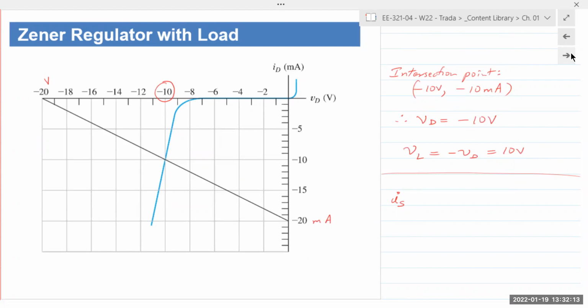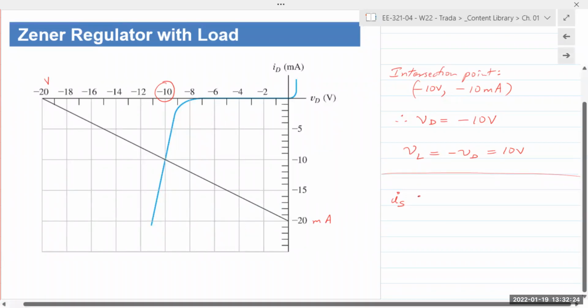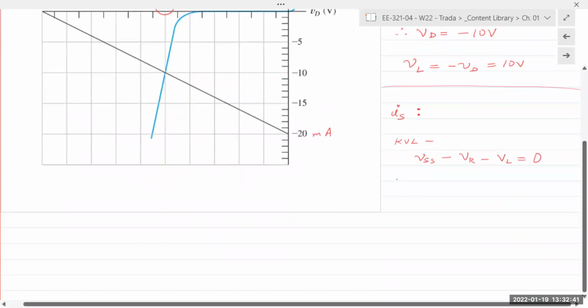VSS is supplying energy to both resistors, so the voltage drop across both has to equal VSS. So from that KVL, I get VSS minus VR minus VL is equal to 0.